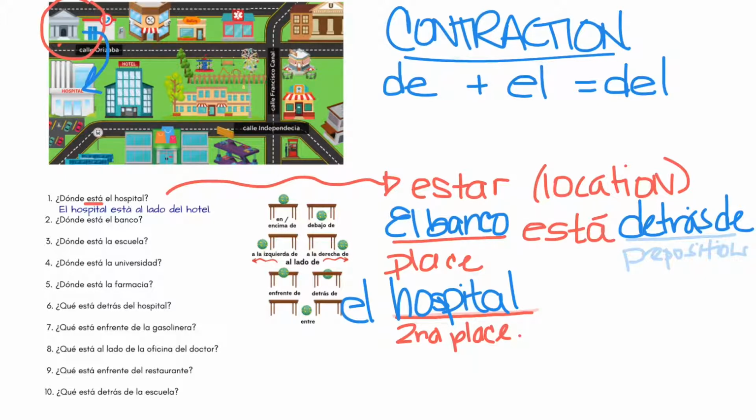So if the next reference happens to be masculine, which this one does, instead of de and el, we're going to write del. El banco está detrás del hospital. That's just because the sounds are so similar, they're going to get pushed together anyway. Detrás del hospital. Now that's one possibility. There's more than one, like I said.